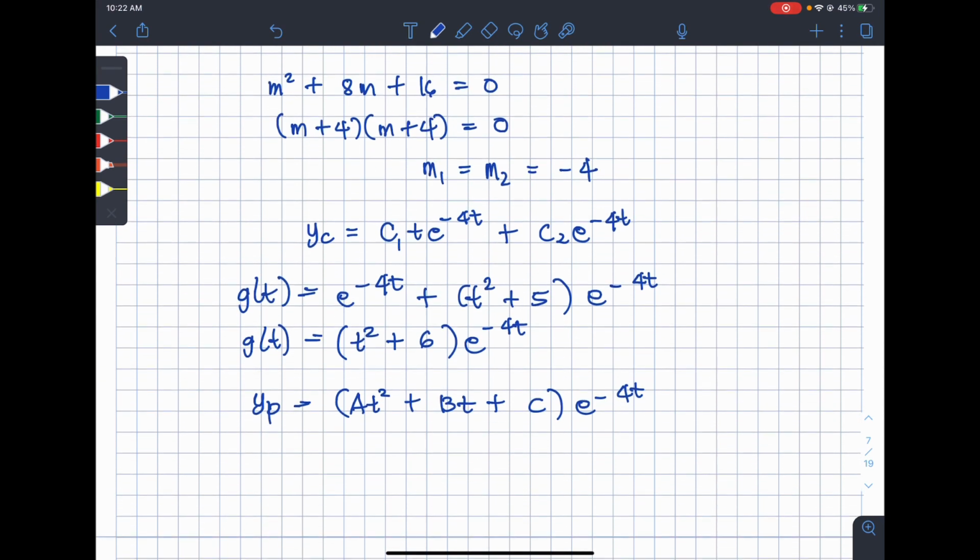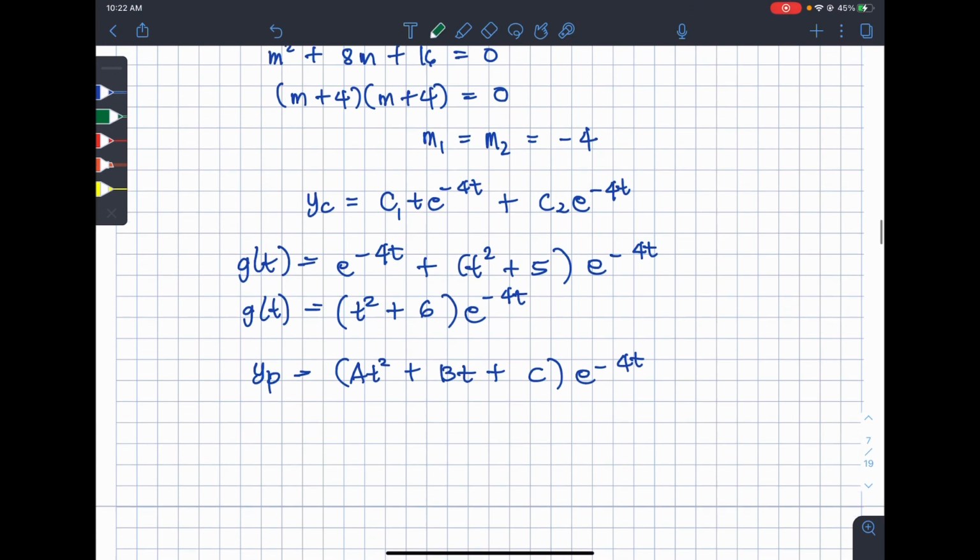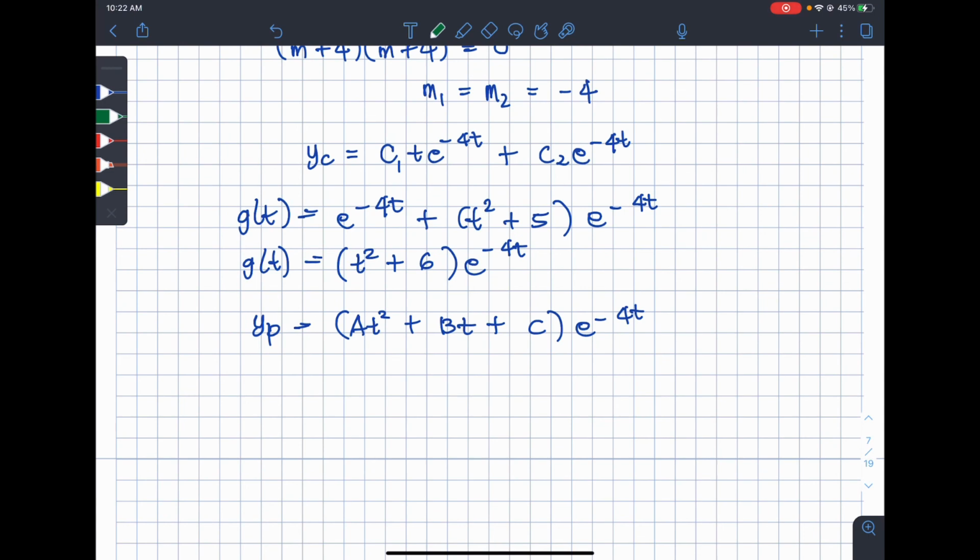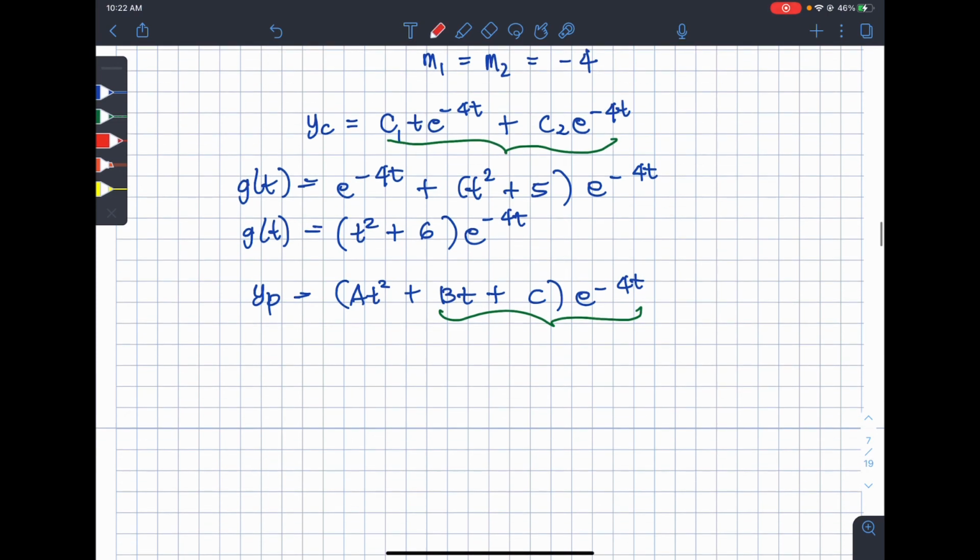However, we have these two. The bt plus c multiplied with e raised to negative 4t resembles our y of c. So what are we going to do? We're going to multiply this by t, actually the whole of this by t.